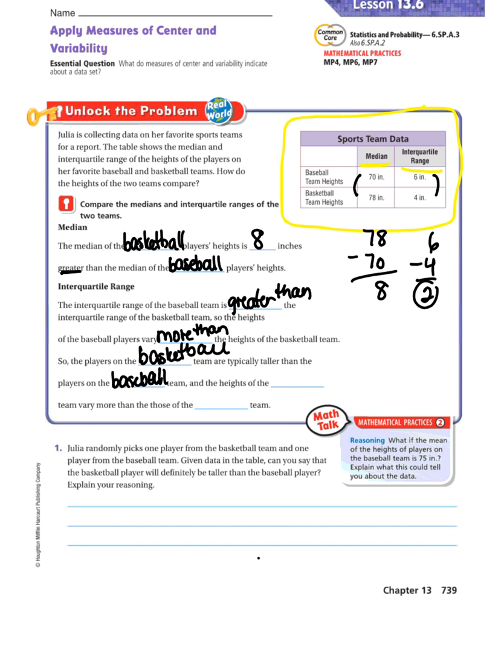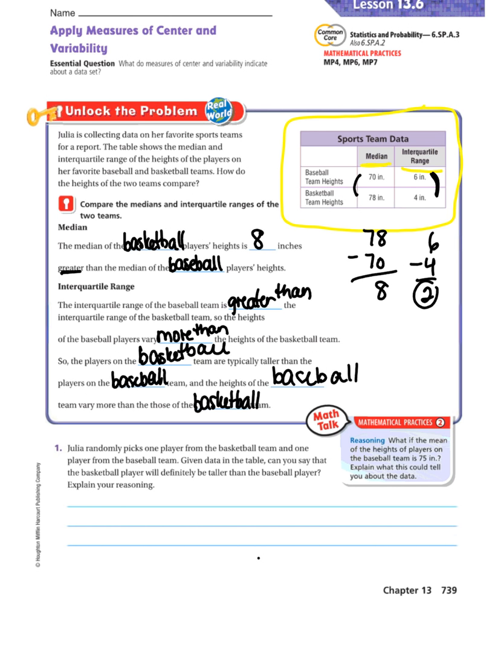And the heights of the baseball team vary more than those of the basketball team. So the interquartile range is going to be your difference there.